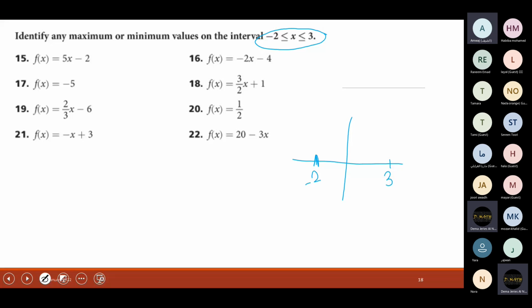I want to find the values of the maximum and the minimum, so I want to find the values of y. Since my function starts at -2, the value of y when x equals -2 will be the minimum.